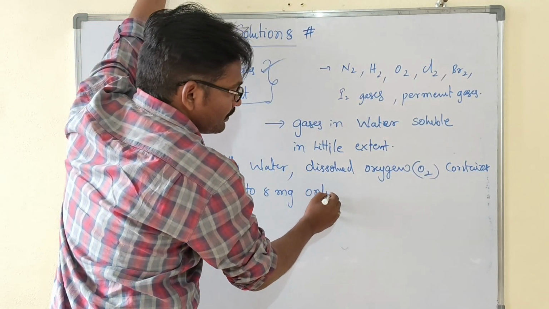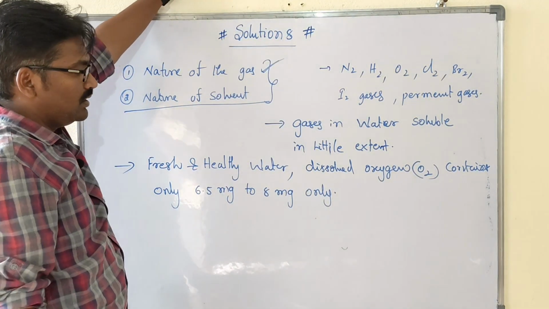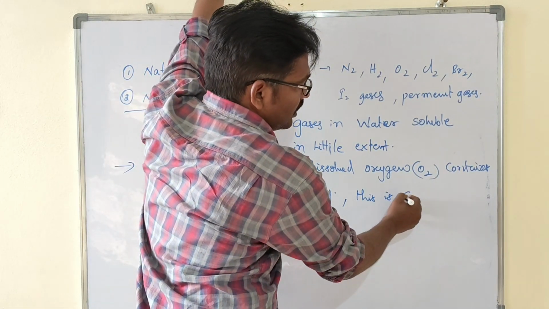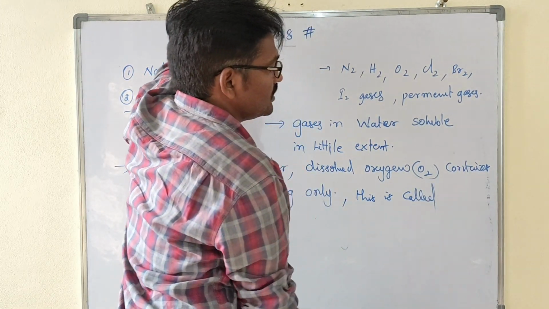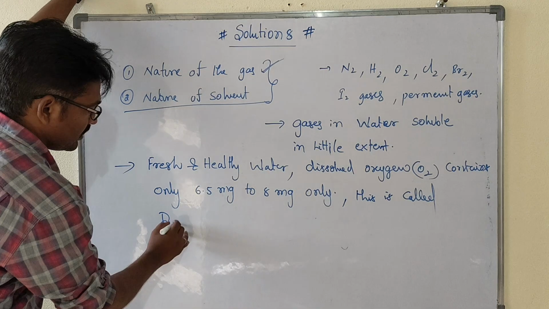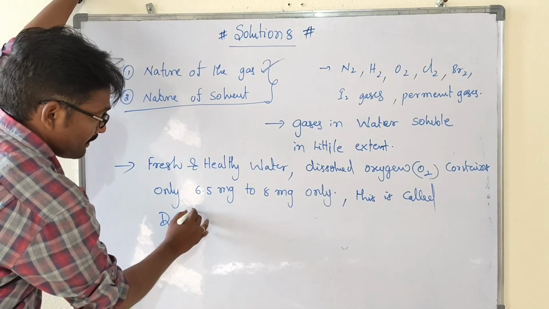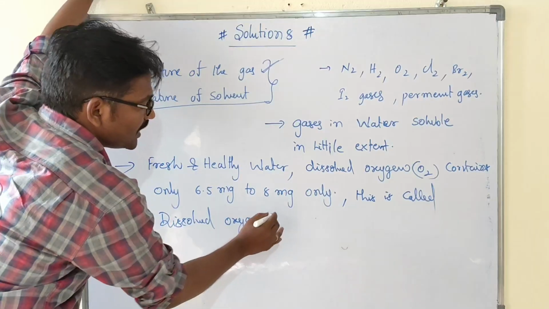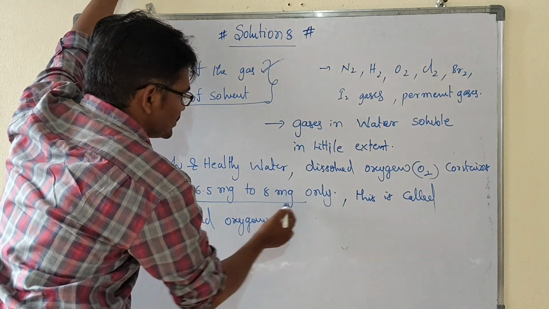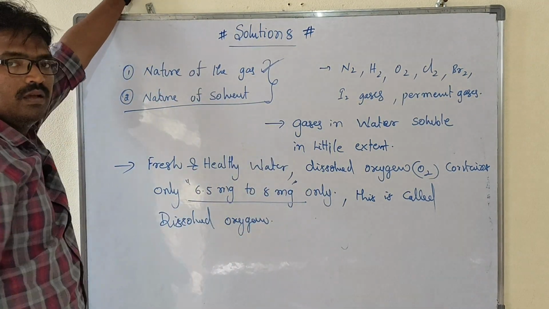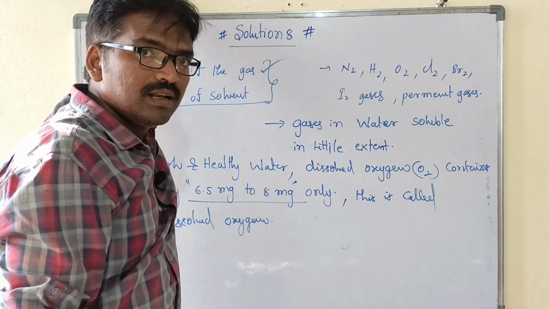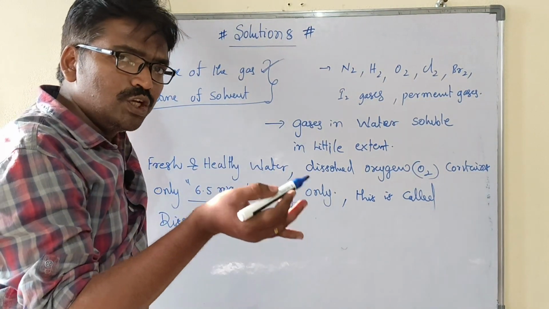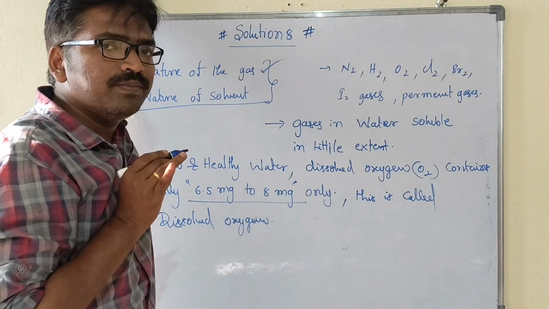This is called dissolved oxygen. A dissolved oxygen in the healthy water, how much is there? This much is there, that you have to remember. Dissolved oxygen in the healthy water contains 6.5 mg to 8 mg.